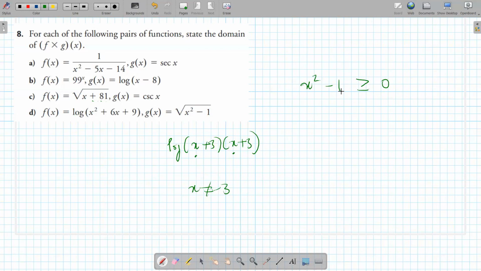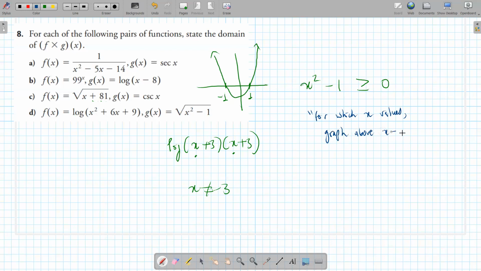So if you look at the graph, x squared minus 1 looks like this. When is this function greater than or equal to 0? We're looking at the y values. So in other words, for which x values is the graph above the x-axis?